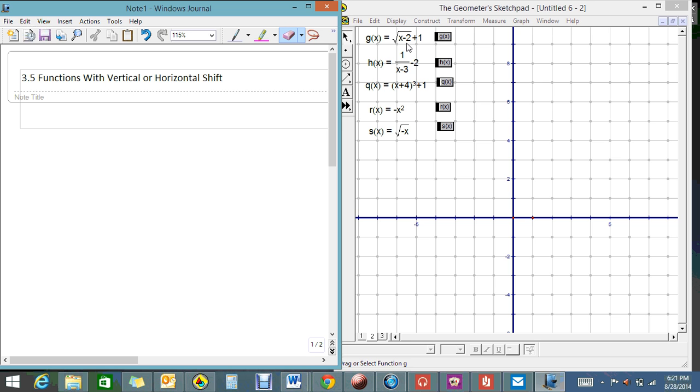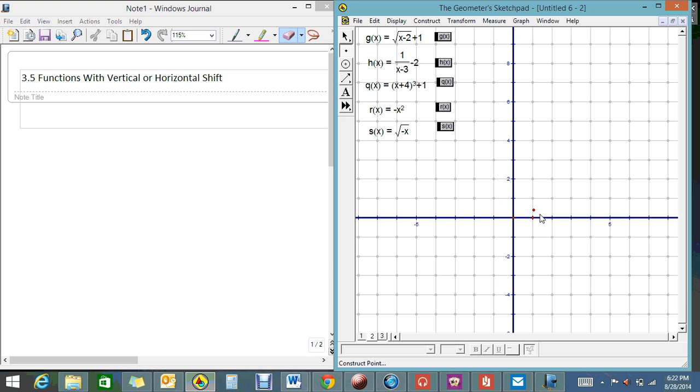Well, inside with the x, under the radical, is x minus 2. So that minus 2, it's x minus the shift. So the shift is a positive shift. Instead of starting here at 0, 0, it's going to go over 2, right?